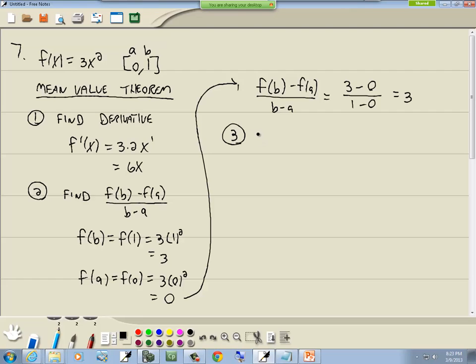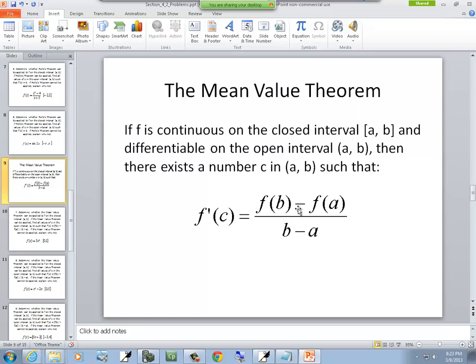Step 3. Set the derivative equal to the value from step 2 and solve. That's what this says.